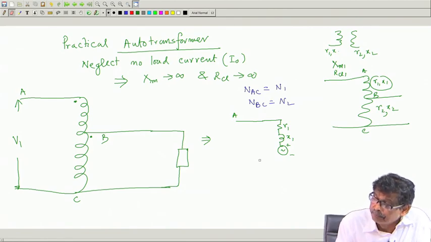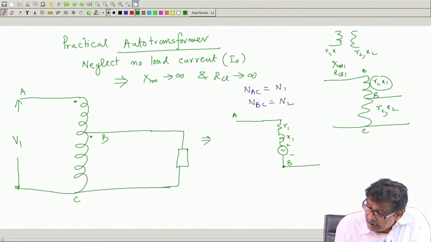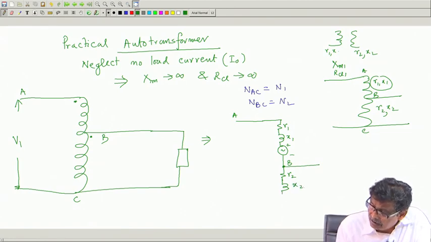Now, I reach up to point B. This is the point B, and then I will draw R 2, J X 2, I am not writing, you understand it is R 2 X 2, and then there will be another induced EMF in this portion.